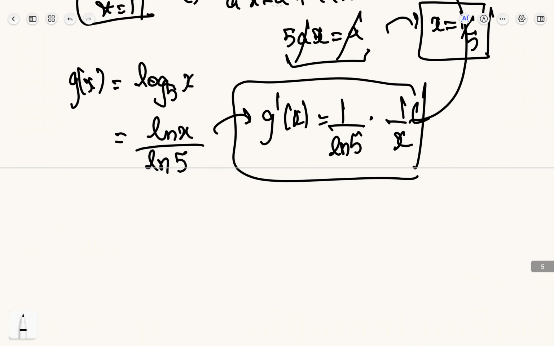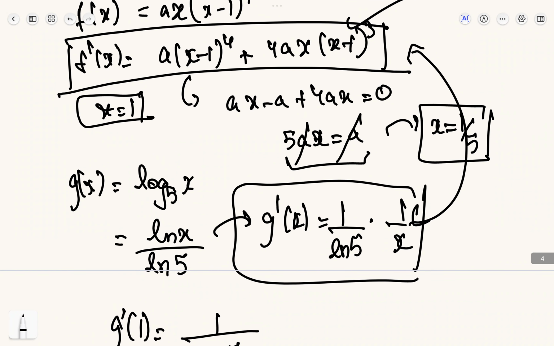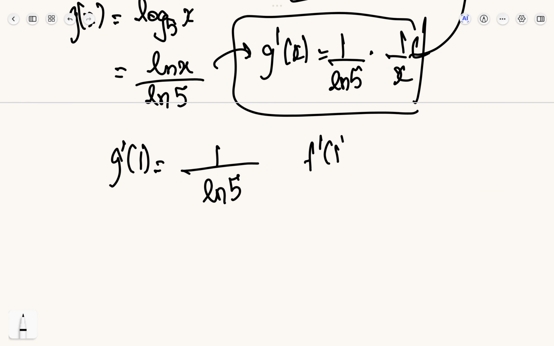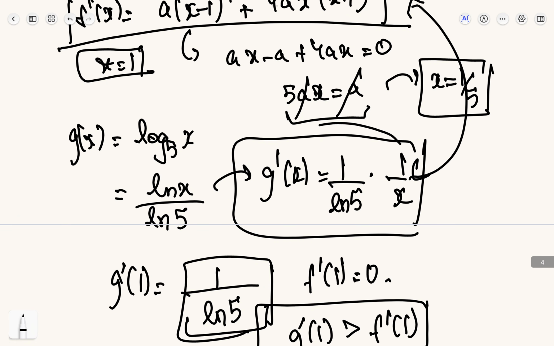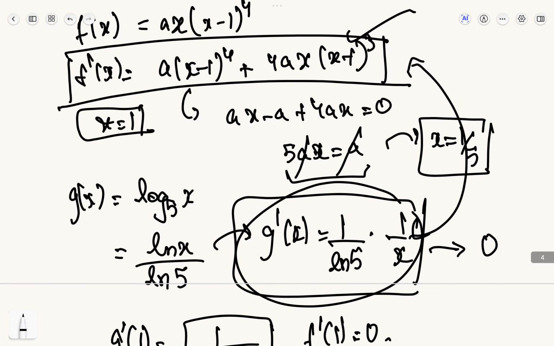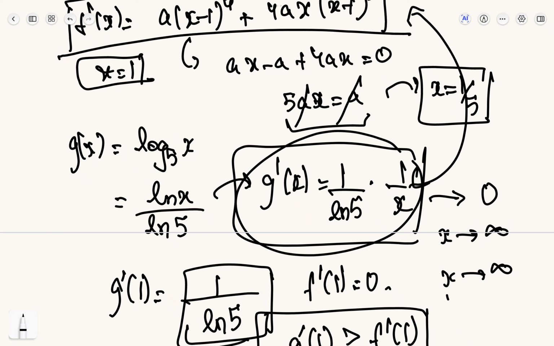If you look at g dash 1, you would have 1 by ln 5, and for f dash 1 I have 0. F dash 1 is 0. This is a positive quantity, right? G dash 1 is greater than f dash 1, but g dash tends to 0 when x tends to infinity, and when x tends to infinity, f dash x tends to infinity.